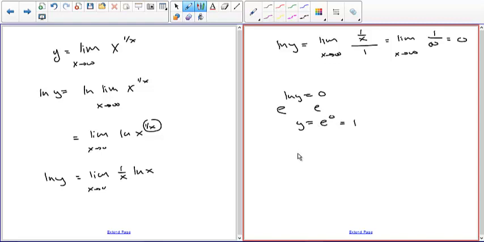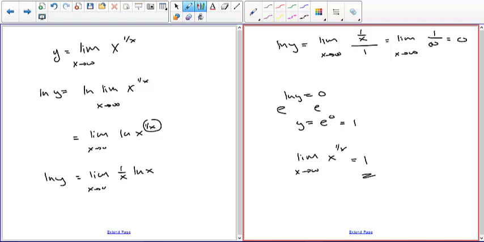So the original question, what is the limit as x approaches infinity of x to the 1 over x, is equal to y, which is 1. So that's the answer. I'm not going to put this on a test, but you probably have a homework problem that's similar.